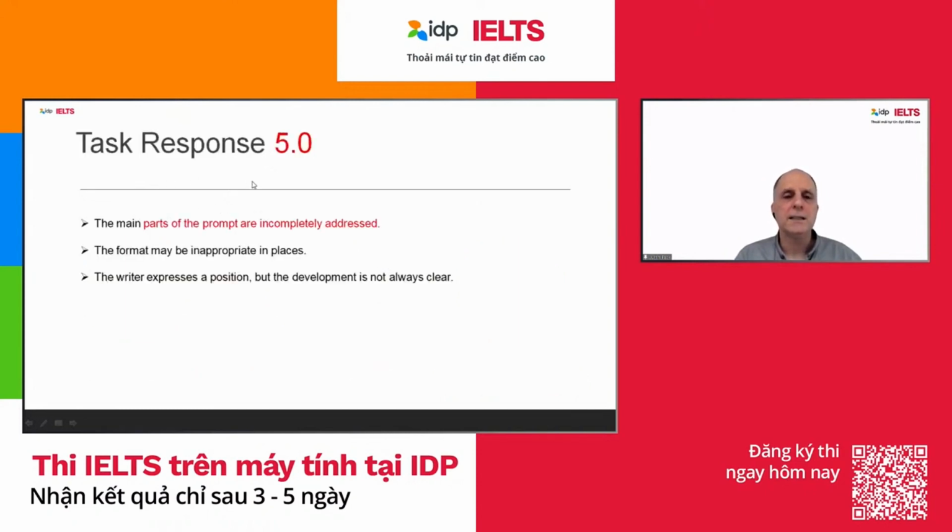Now, this should be highlighted. For a 5.0 in task response, the main parts of the prompt are incompletely addressed.